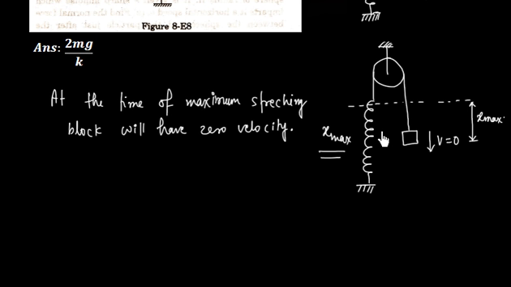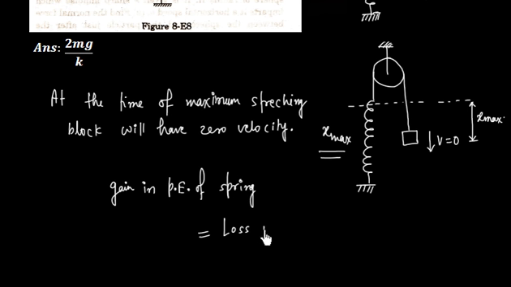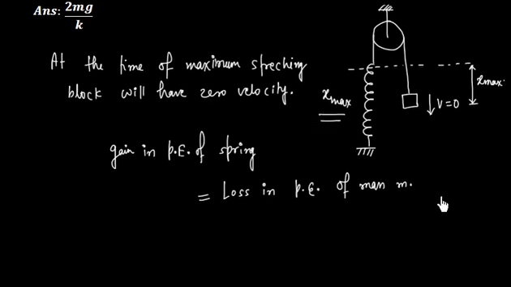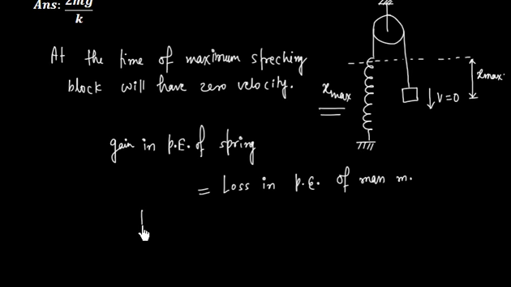So we can write energy conservation, that is, gain in potential energy of the spring is equal to loss in potential energy of mass M. So gain in potential energy of the spring is half k x max square, and loss in potential energy of this mass is mg x max.